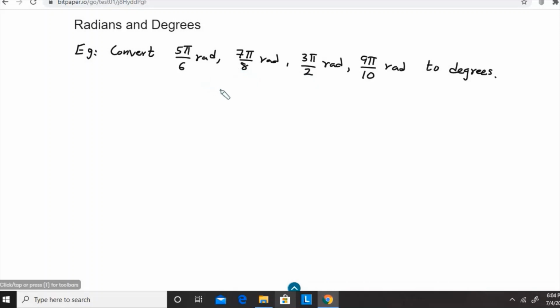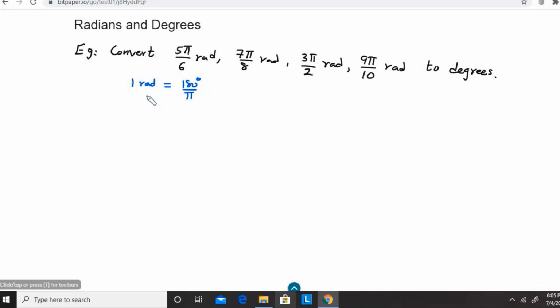Here we are doing the reverse, that is, we are given the radian values and we need to find the degree values. So in this case, I'm going to use that 1 radian is equal to 180 degrees over pi. This is the conversion factor.